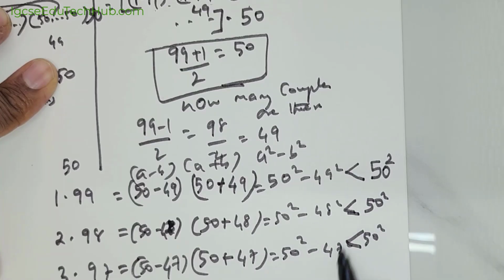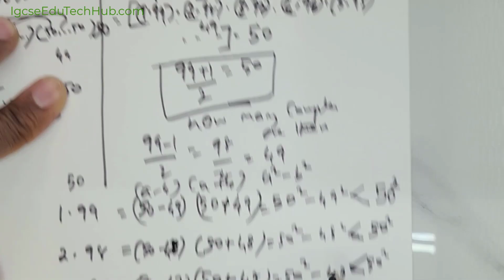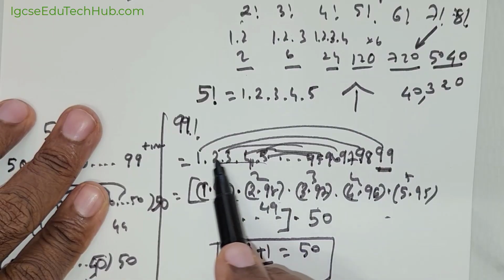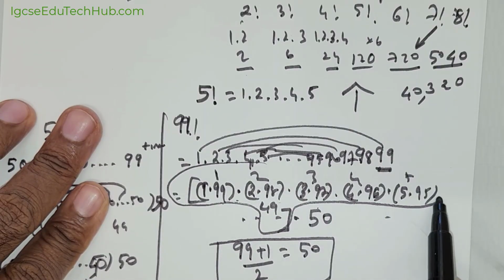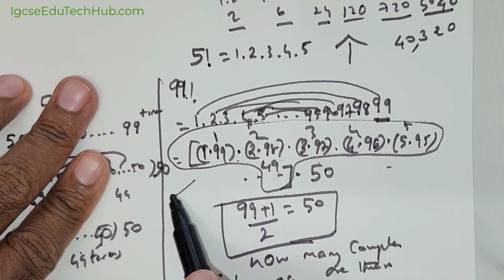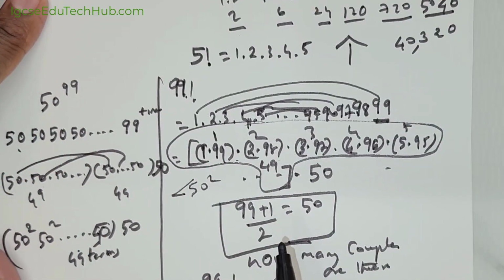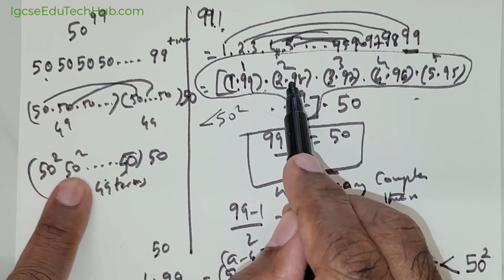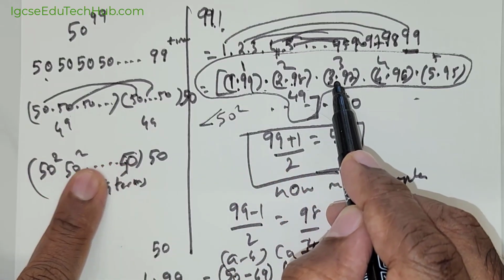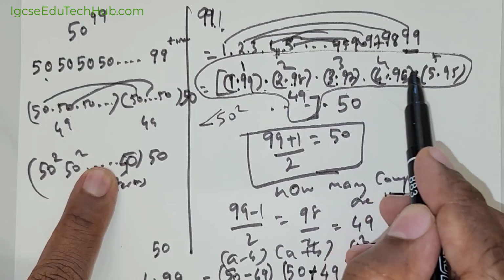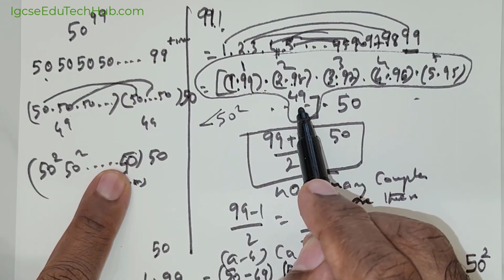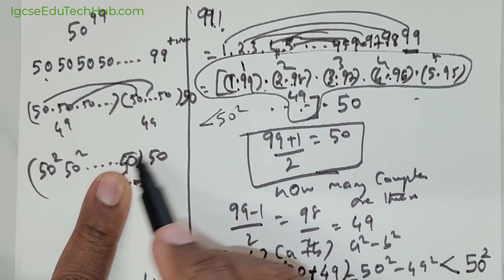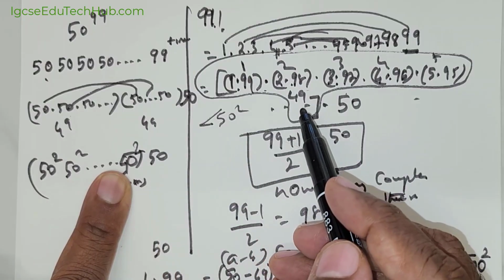And this is going to be the approach you will find for all the 49 couples that you have here. So each one of these quantities is going to be less than 50 squared, up until the 49th couple.